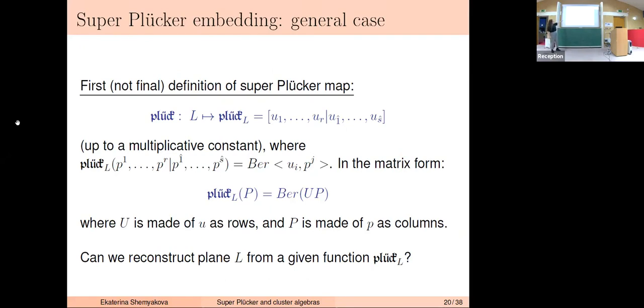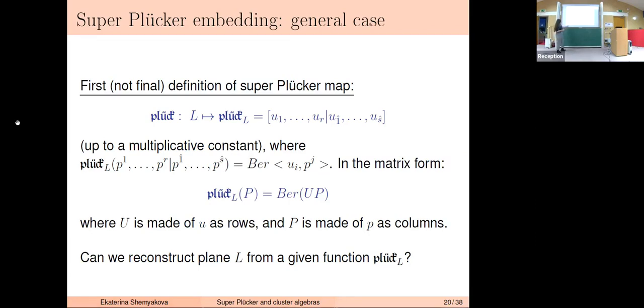So what we're going to do is map: the Plücker map takes vectors u_1, ..., u_r and the odd ones, and maps them into this function, basically into a simple multivector.